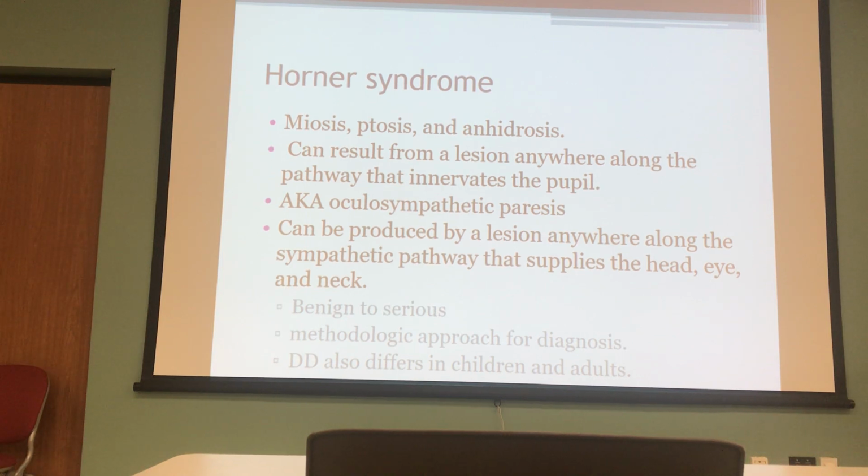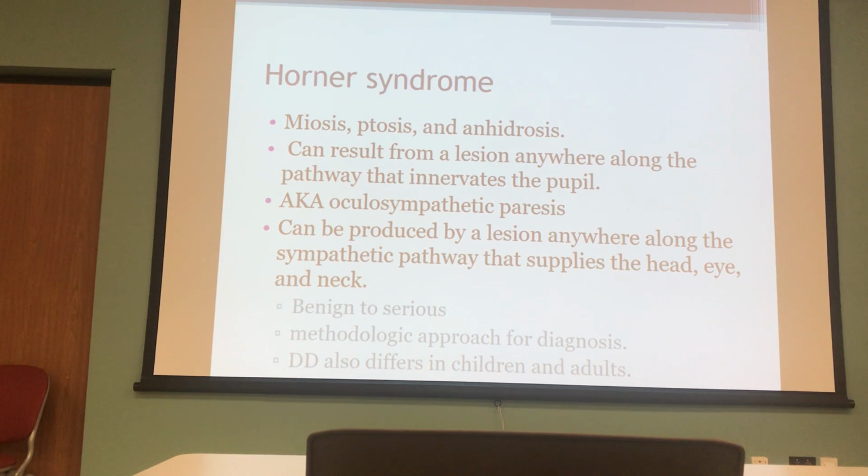Again, it can result from a lesion anywhere along the sympathetic innervation of the pupil. They call it an ocular sympathetic paresis, and you don't have to remember that. Don't give me that face. But if somebody tells you that, you know what they're talking about. That's all it is.